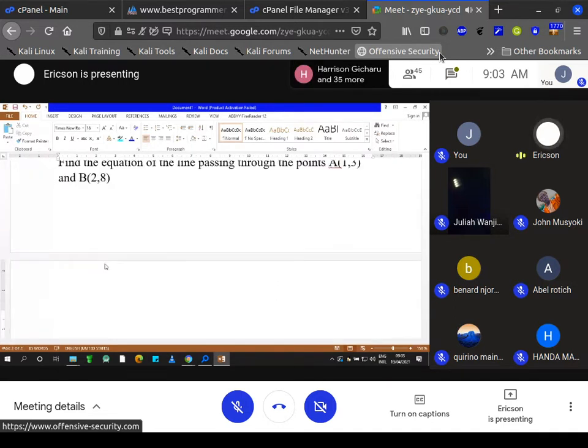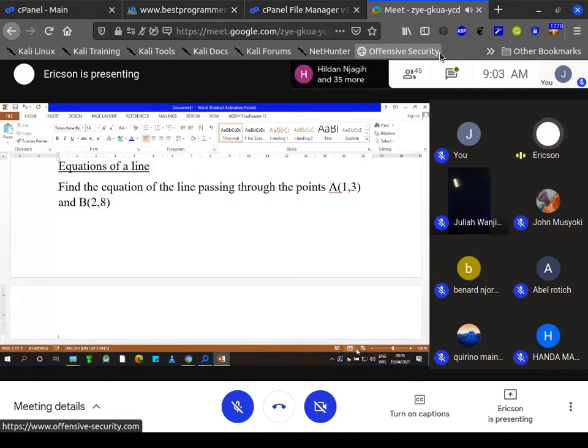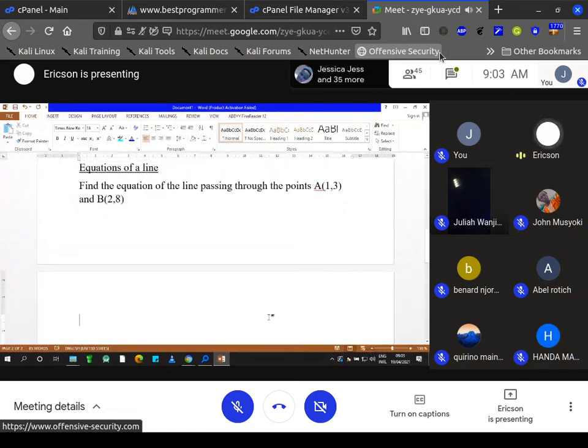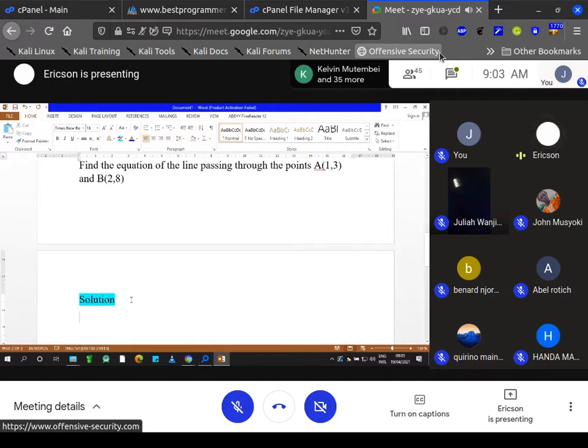So how do we do such a question? I hope those copying the question down have done it. The solution to that question: the first step is to calculate the gradient. That will be given by the change in the y coordinates divided by the change in the x coordinates.